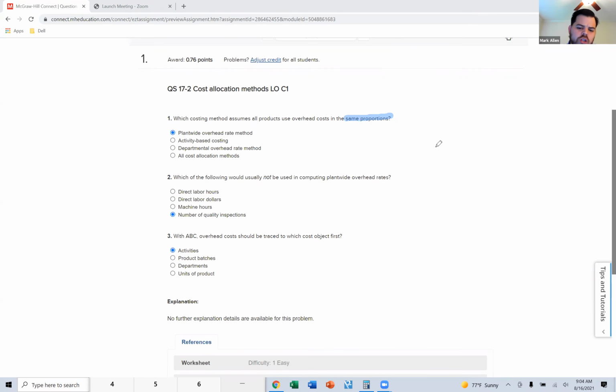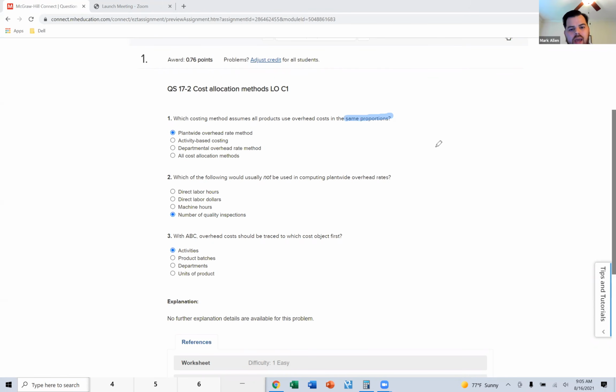Number two, which of the following would typically not be used in computing a plant-wide overhead rate? Well, in this case, we see something like the number of labor hours, the direct labor dollars, the machine hours, right? All of those are very common things to be used for plant-wide overhead rate. What's not typically used for that is the number of quality inspections.